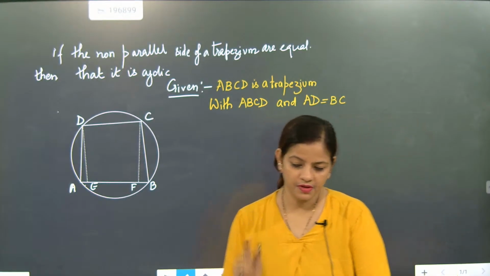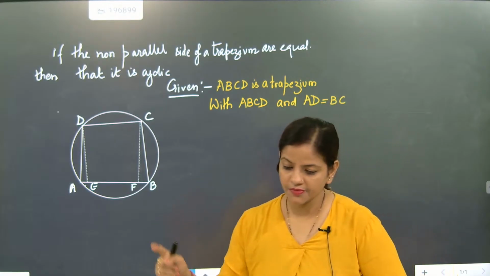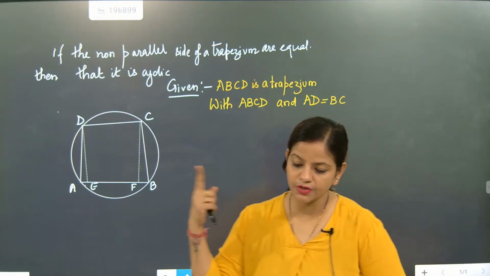Got it? AB parallel to CD and AD is equal to BC.